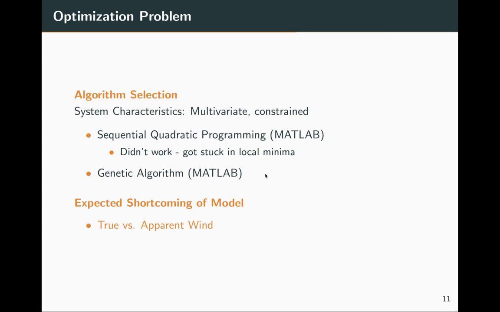Another one is true versus apparent wind. True wind is the wind that you would feel if you were not moving. Apparent wind is what you actually feel, dependent on how fast you're moving. An example of this is if you're driving a car down the freeway, and it's dead calm outside as far as the wind goes, there's zero true wind speed.